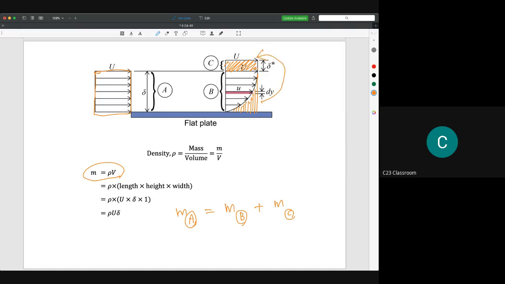At this area, the velocity is constant at capital U. So we could calculate the thickness of this one, which is symbolized by delta star, because the thickness of this one reflects the displacement thickness of our boundary layer.